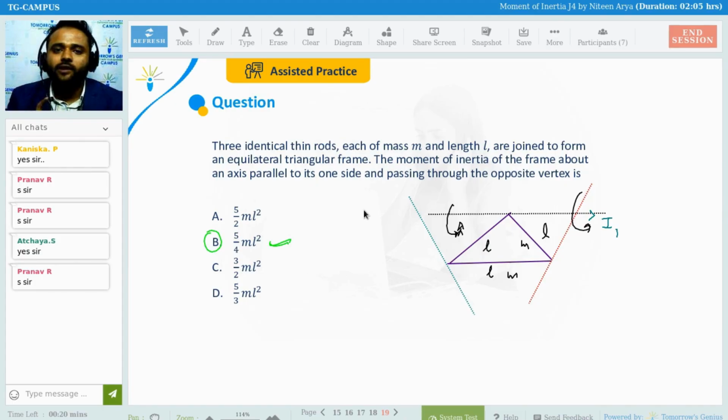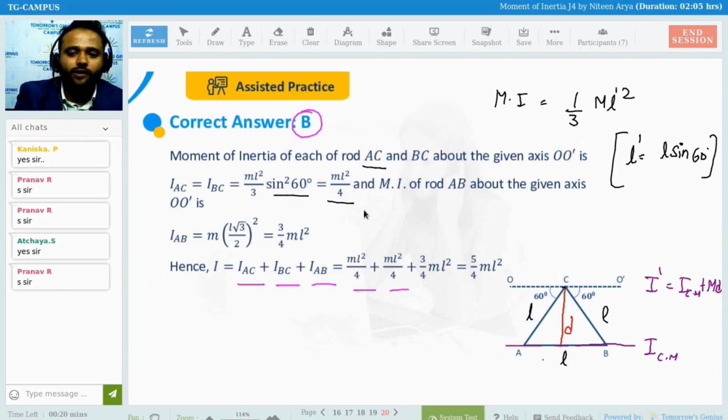We can pick any particular axis, but that particular axis is going to be parallel to any side. So I can choose this I prime axis. These are the points A, B, C, and this axis is nothing but OO prime, the same thing we drew here. Clear? As we know, I is mr square, where r is the perpendicular distance.